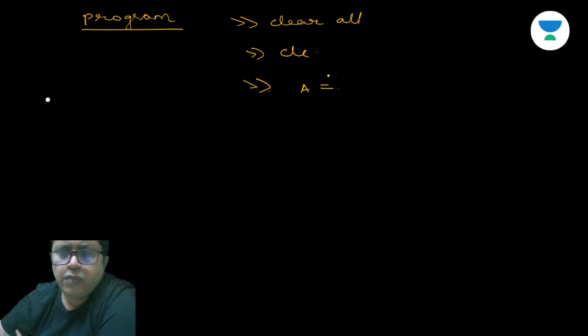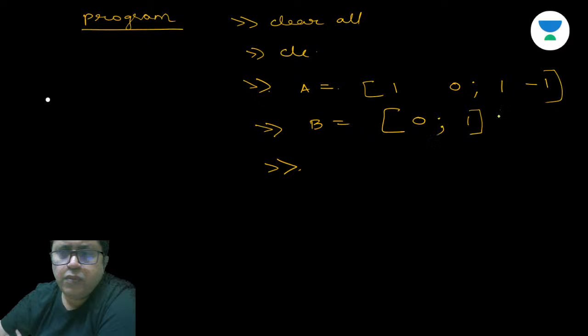A is equal to [1 0; 1 -1], B is equal to [0; 1], C is equal to [1 1], D is equal to 0.